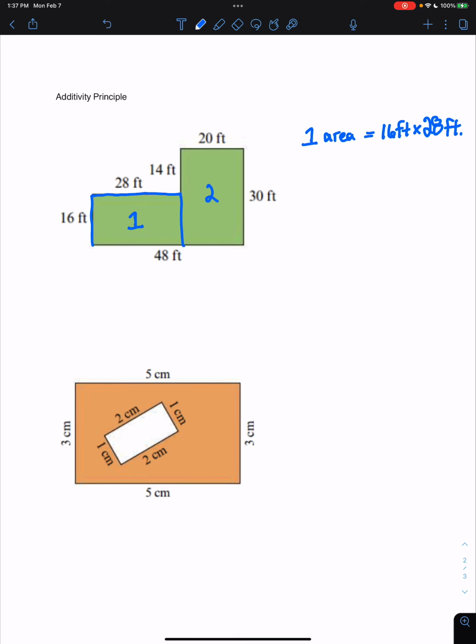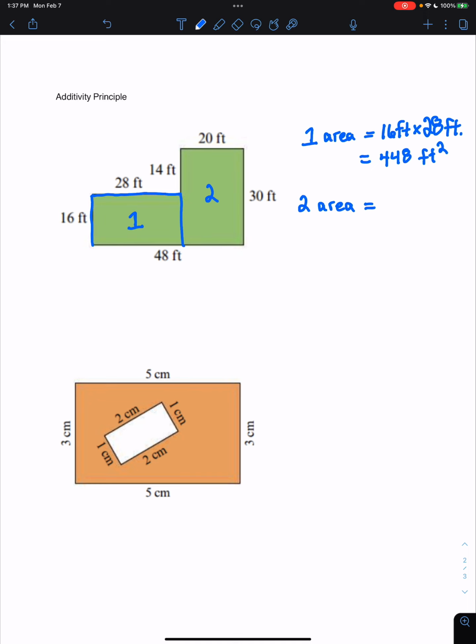If I get out my handy dandy calculator, I can find that the area of rectangle number 1 is 448 square feet.